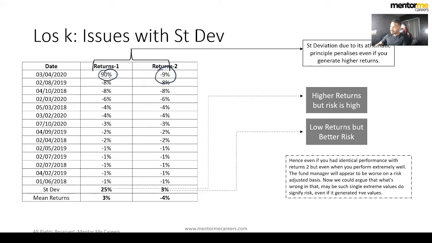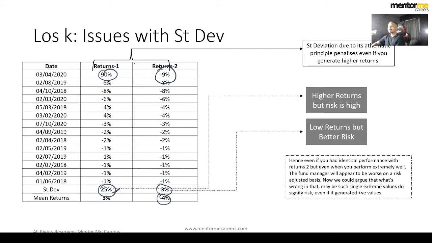Now, in reality, this is good because the fund manager generated higher return. If you just did a straightforward standard deviation calculation, then the fund manager of the first returns looks pretty bad because his risk is very high. On the other hand, you've got returns 2 in which your standard deviation is low, but the returns are pretty low. But even if he's generating lower returns, his standard deviation seems to be better.